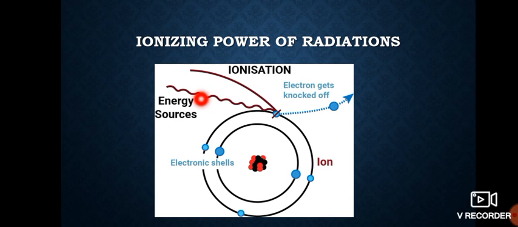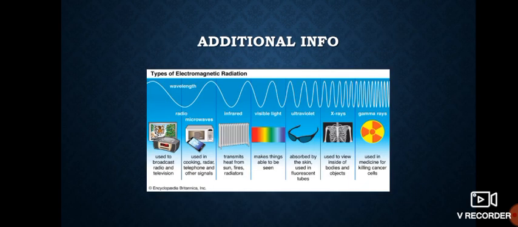You remember that we said radiations carry energy. So the incoming radiation will come and knock off an electron from the atom. If an atom loses an electron, it becomes charged, normally positively charged. So that is the ability of radiations to produce ions, especially in gases. That is what we describe as the ionizing power of radiations.